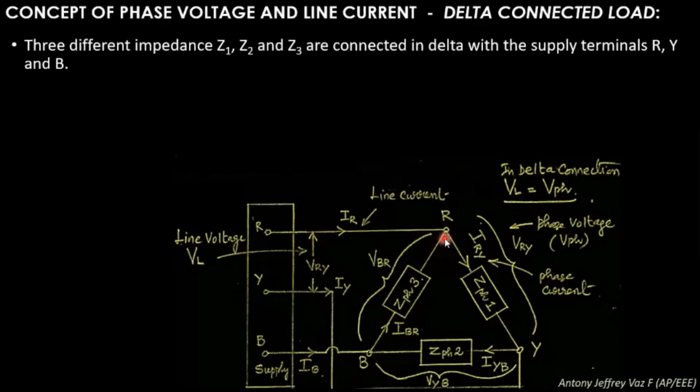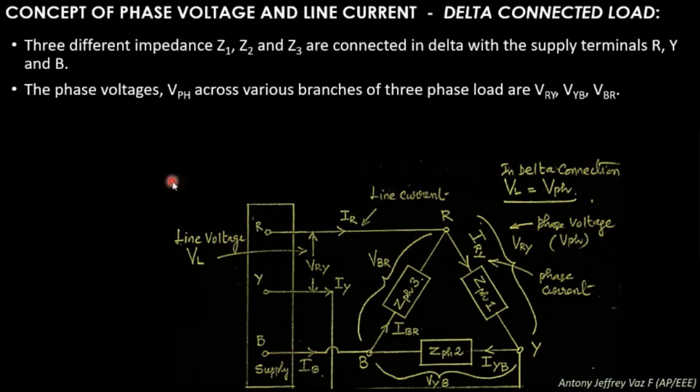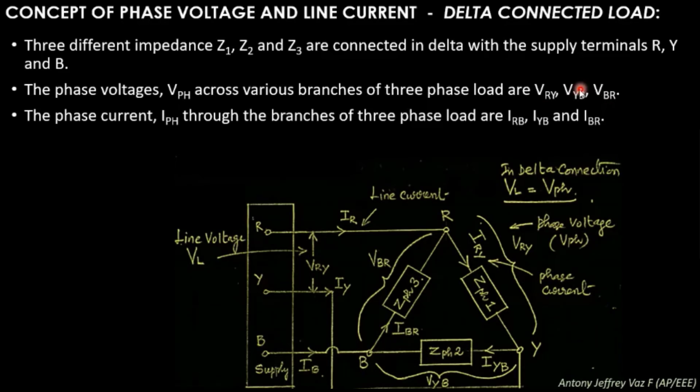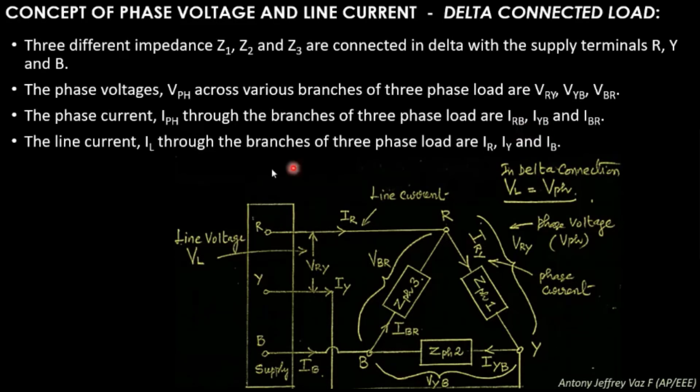So these three ends of the triangle are connected to R, Y, and B. The phase voltages across the various branches of the three-phase load are VRY, VYB, and VBR, whereas the phase currents are IRY, IYB, and IBR. The line currents will be IR, IY, and IB.